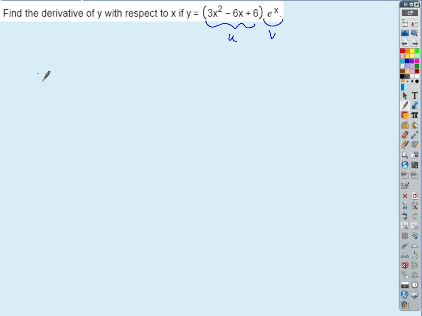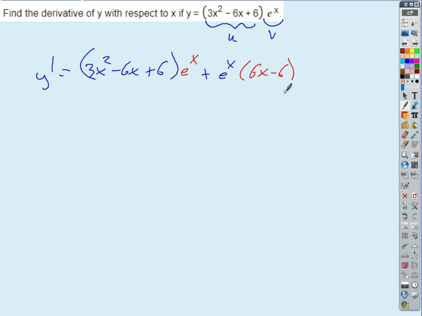So y prime is just going to be u, so 3x squared minus 6x plus 6 times dv, which is e to the x, plus 6x minus 6, the derivative of u, times e to the x. I've just distributed that.